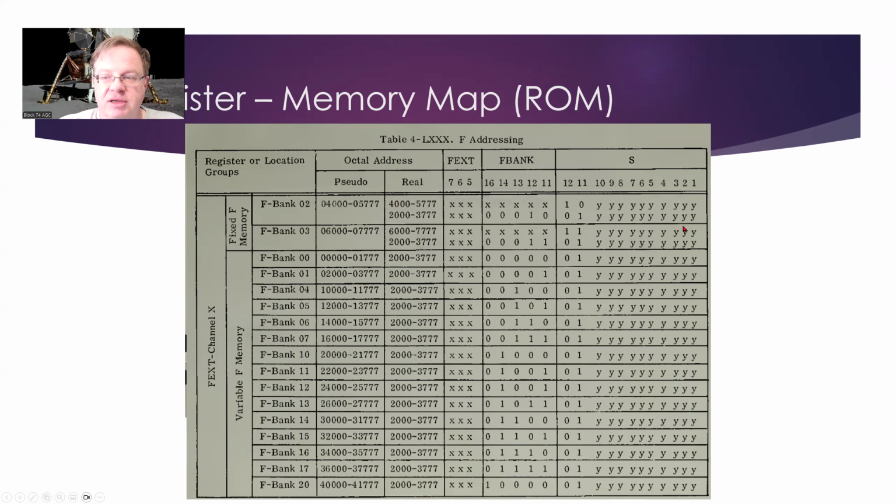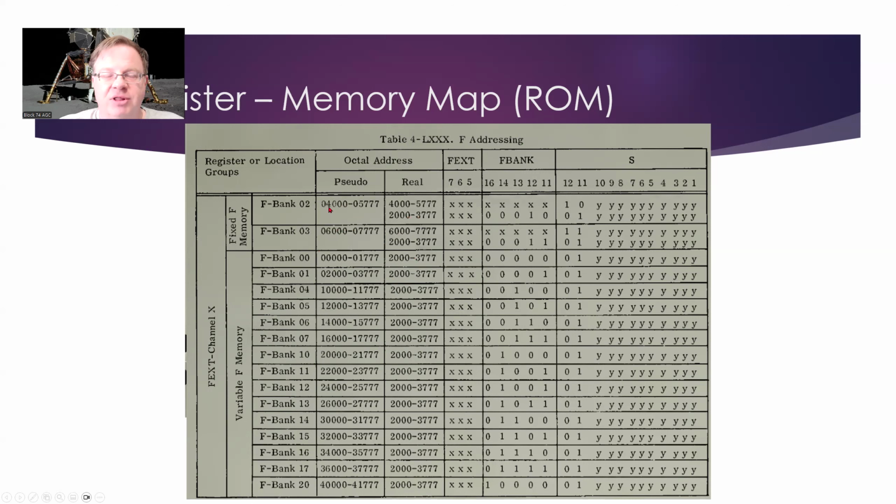So no matter what the contents of the F bank or the fixed super bank, this ROM will always be available. So a lot of constants and things are going to be stored in these areas so they can be accessible by any parts of the program or various handlers.